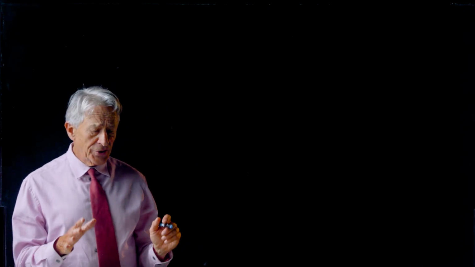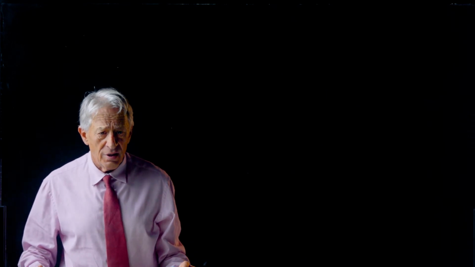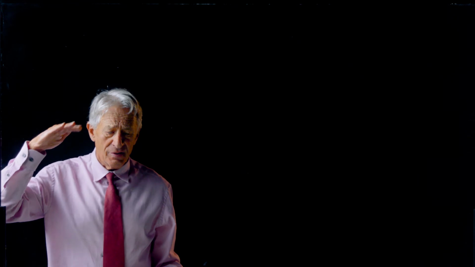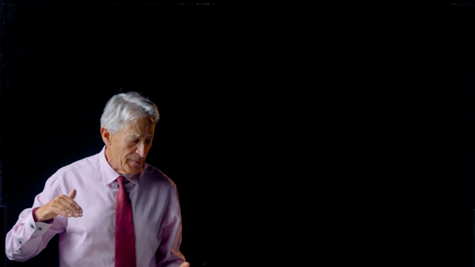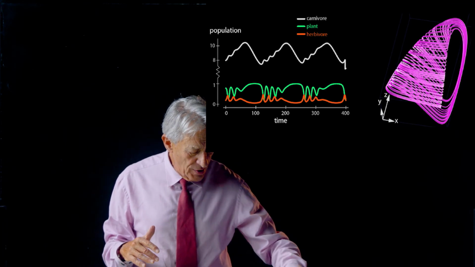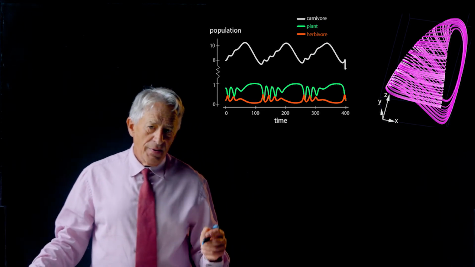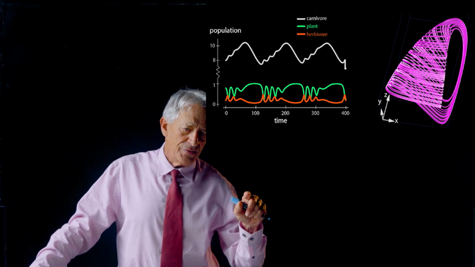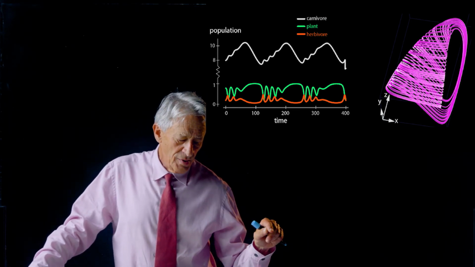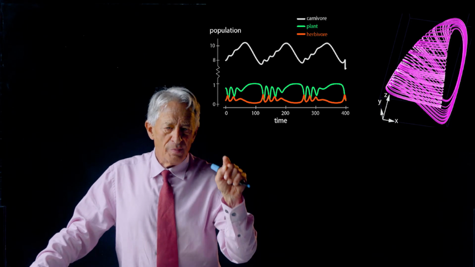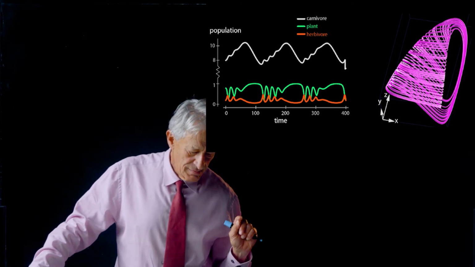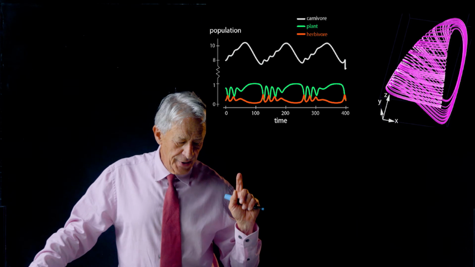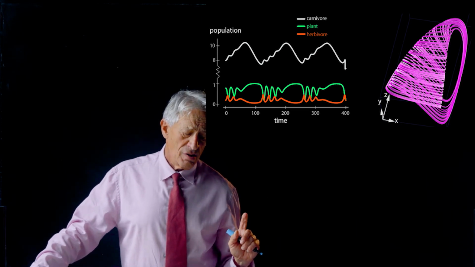That's especially clear if you look at the trajectory here side by side with the 3 time series tracings of x, y, and z. And you see how coordinated they are. The oscillations in the 2 tracings at the bottom, the orange and the green, those are herbivore and plant. The plant is green, the herbivore is orange.